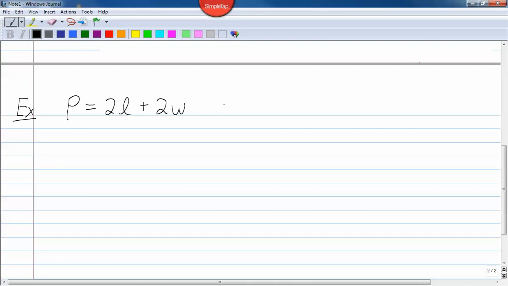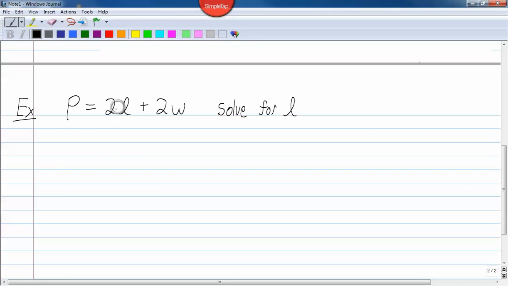Well, let's say that we wanted to solve for one of the other variables, like say the length. Let's solve for L. Alright, so let's look at our formula. To solve for L, that means we want to get L by itself.